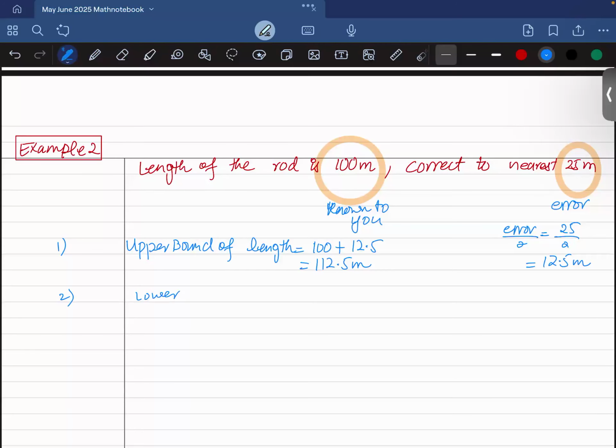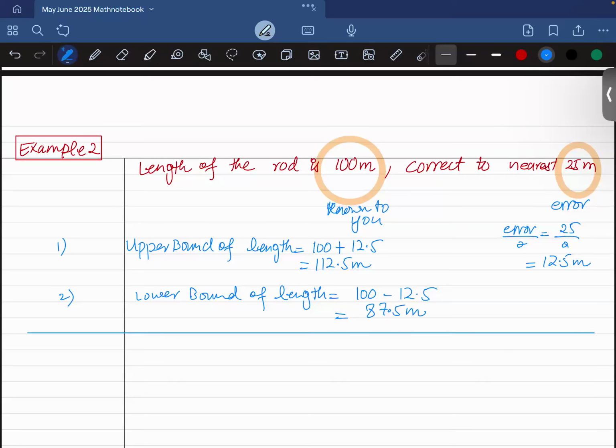And the lower bound of length would be, you have to minus the error. So it would be 100 minus 12.5, which is 87.5 meters. Am I right? Understood, or not? Yes, sir. All right.